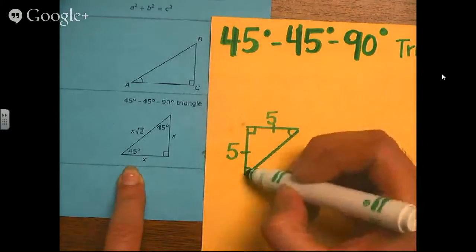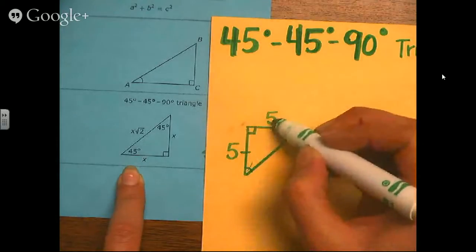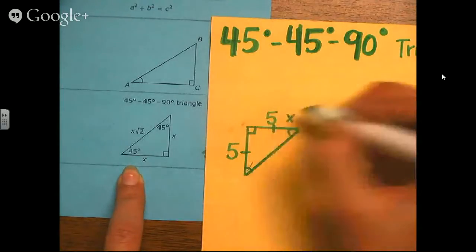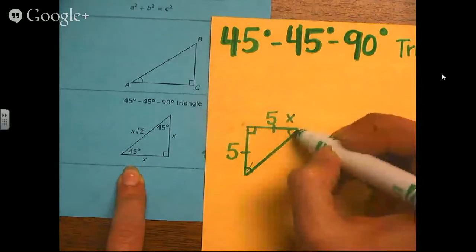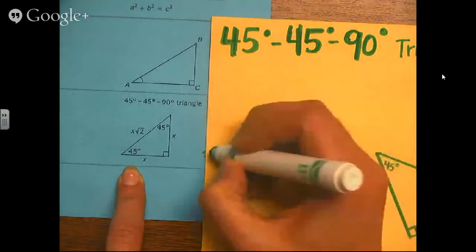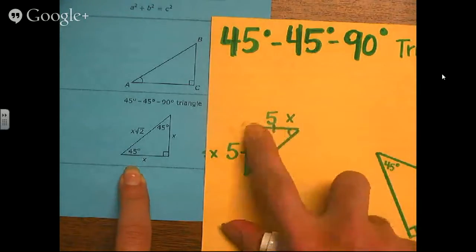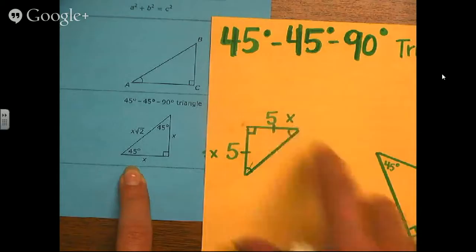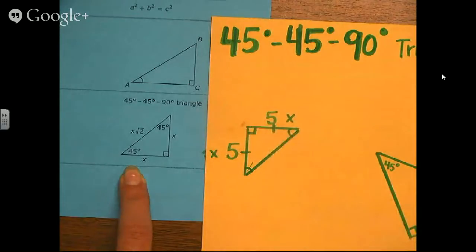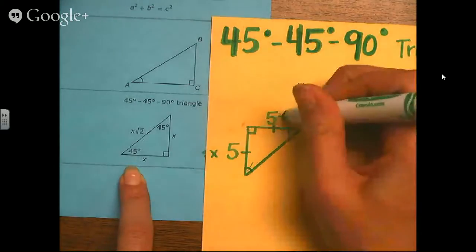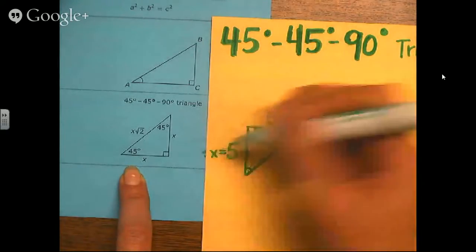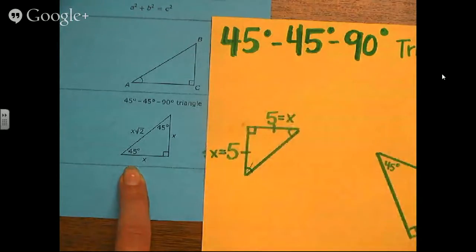This was a 45-degree angle, and so I'm going to label it X. This one was also a 45-degree angle, and I'm going to label it X as well. Basically, when you have a number and a letter on those sides, or we've labeled those sides the exact same thing, it means that they're equal. In this case, our X is equal to 5.